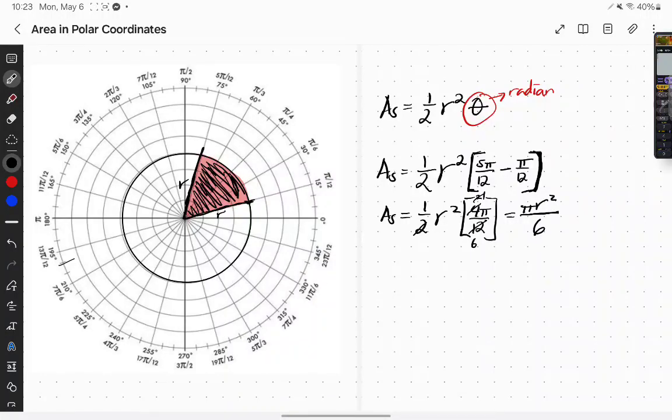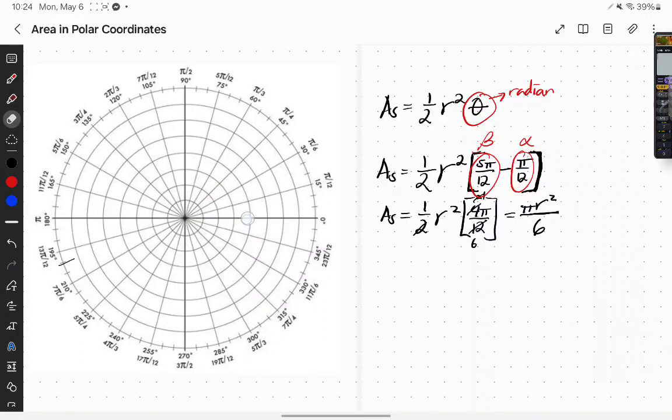Now you get the idea of getting the area of a sector using the polar coordinate system. Let's say this is our beta and this is our alpha. Now we have a certain problem wherein our polar curve is not always a circle.